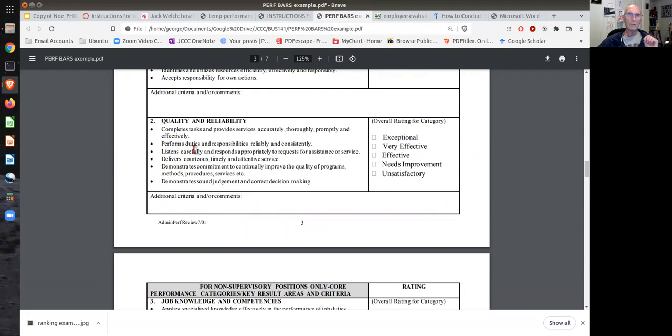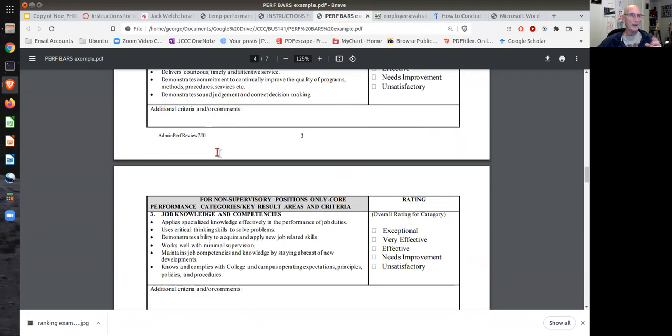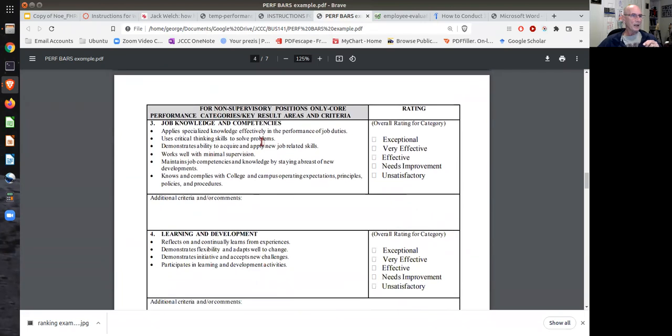I still have a problem with some of it being very subjective. In other words, quality and reliability. Well, is that really necessary in that particular job? At what level? Job knowledge and competencies. At what level are we talking about here that is necessary?